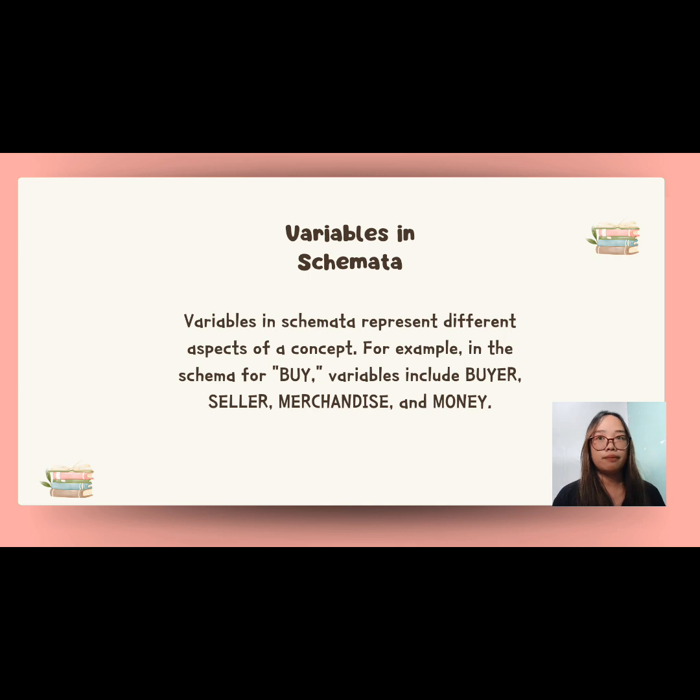Variables in schemata. Variables in schemata represent different aspects of a concept. For example, in the schema for buy, variables include buyer, seller, merchandise, and money. When you activate the buy schema, you also activate the variables associated with it: the buyer, seller, merchandise, and money.